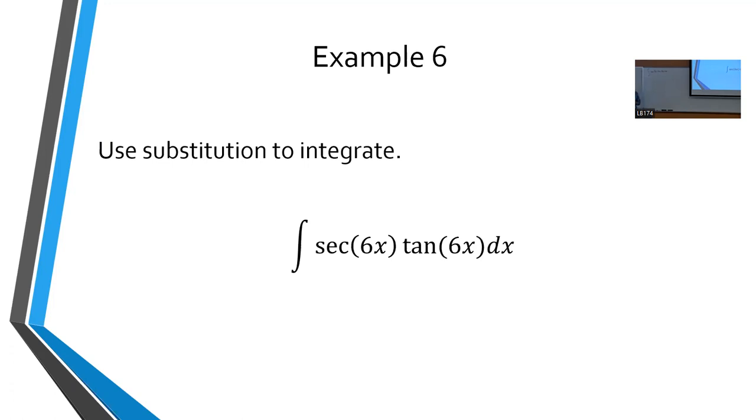Okay. Again, this one's going to be very, very similar to everything we did last time. So what do I make my u? Well, the thing here is not to get thrown off. The inside function is the 6x. Even though there's two functions here, a secant and a tangent, the thing that's inside both pieces is 6x. So we're going to use that as my u.